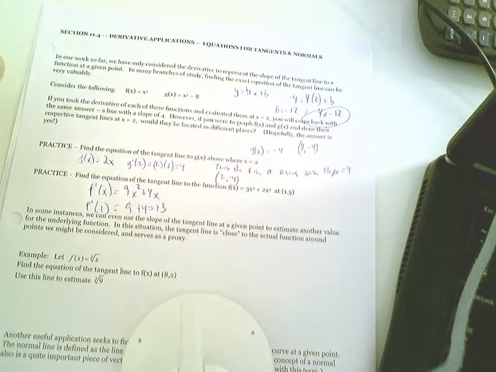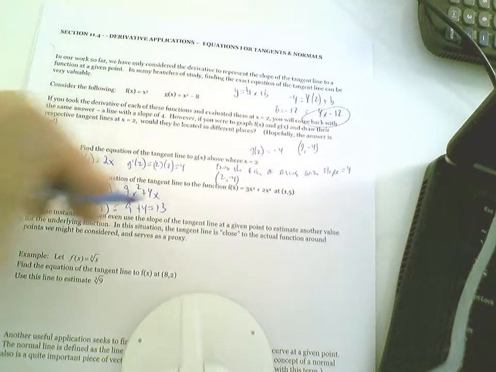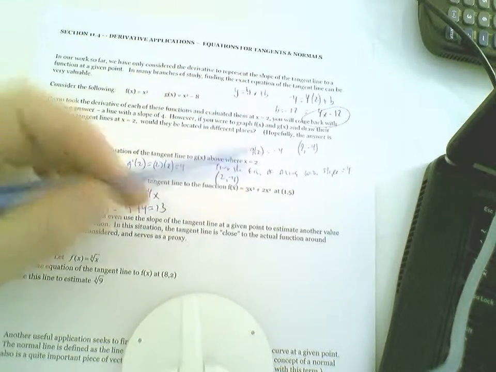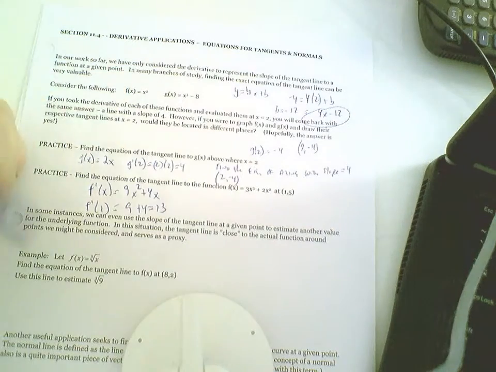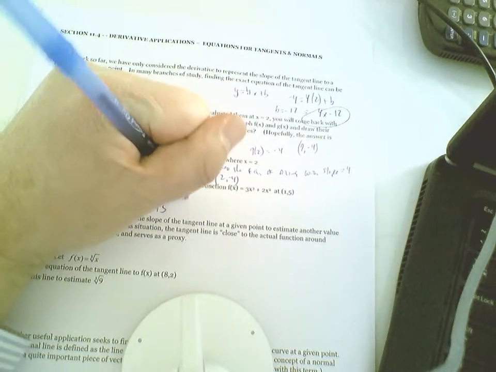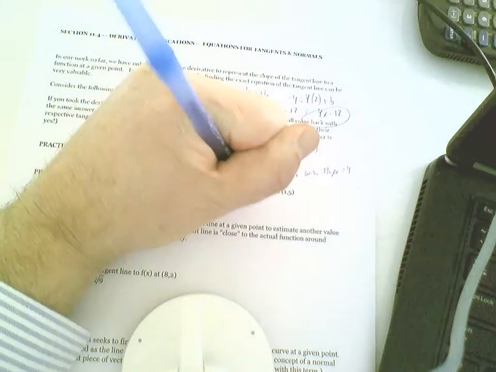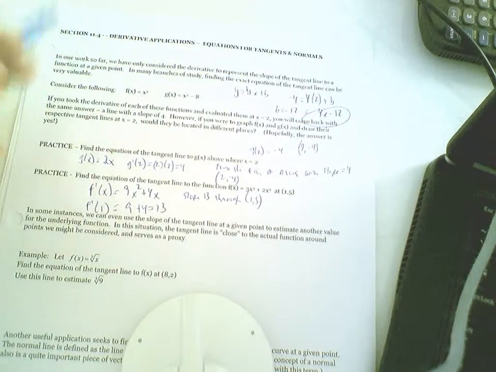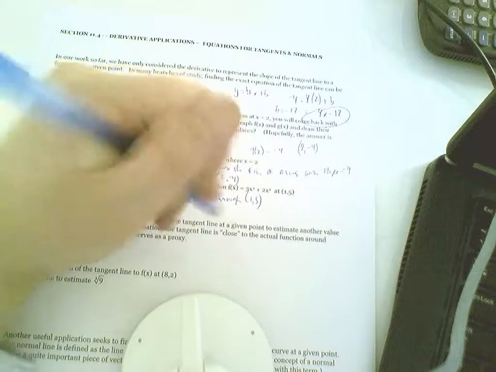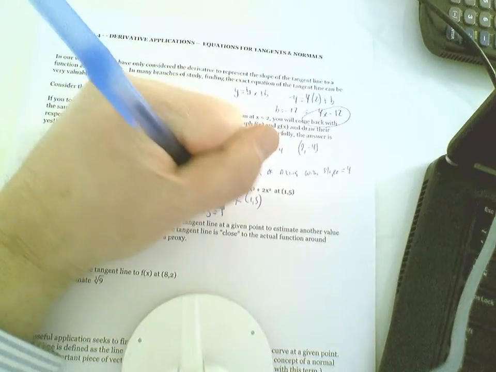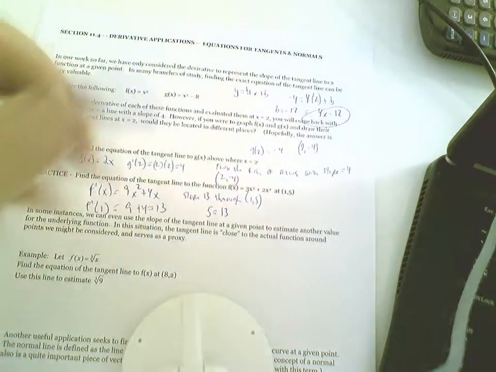What do I know about my tangent line? It has a slope of 13, and it touches the point (1, 5). Slope 13 through (1, 5). And again, I'm just going to use slope-intercept form. 5 equals 13 times x, which is 1, plus b.